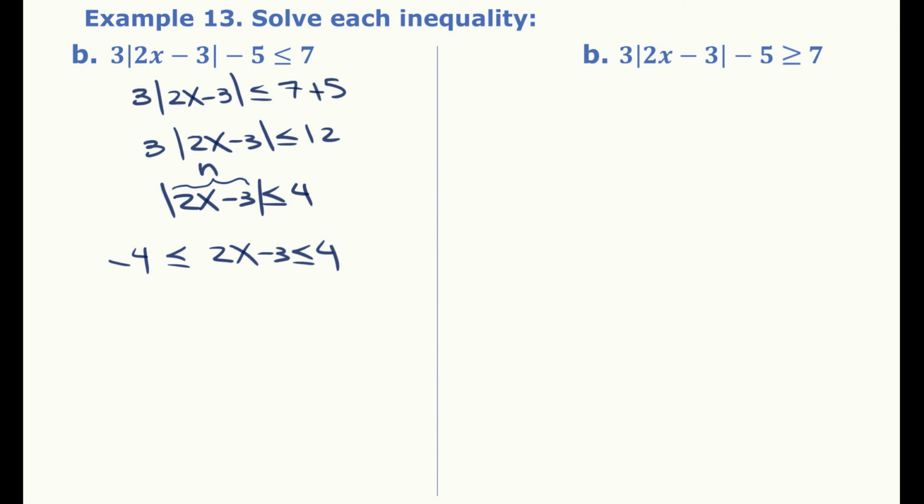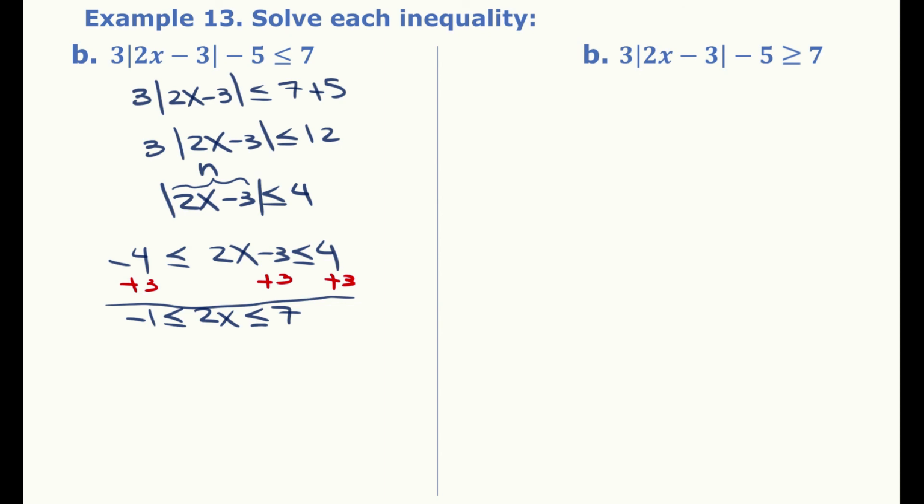We know how to solve these. So we're going to go ahead and add 3 to all 3 sides first. And that will give us -1 less than or equal to 2x less than or equal to 7.